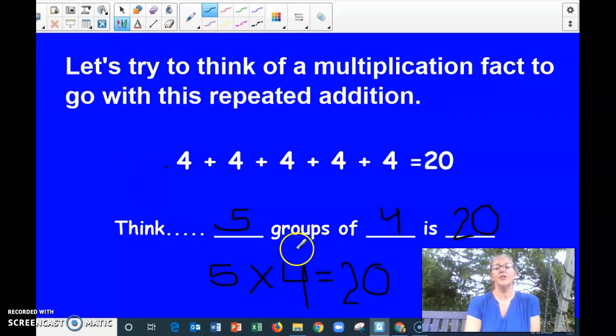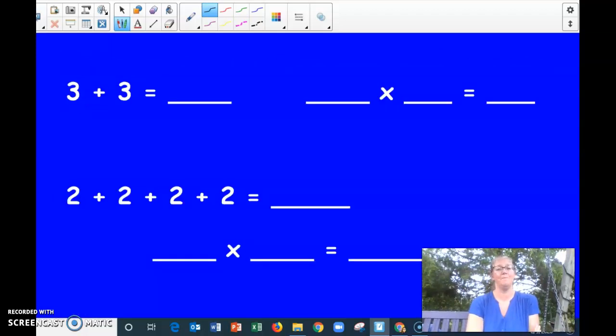You're multiplying 2 single-digit numbers together to get your answer. And that makes it a multiplication fact. Because once you know 5 times 4 is 20, you know it. It's done. You don't ever have to prove it or think about it. It's a fact. And you're going to learn a lot of multiplication facts this year. Lots. The more you learn, the better.